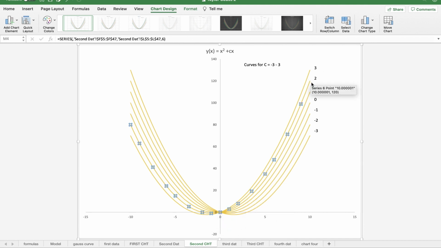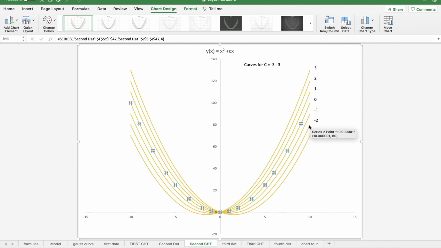For the curve c equals 2, 1, you can see how the minimum of the curve is shifting. When you get 0, you got a perfect parabola.